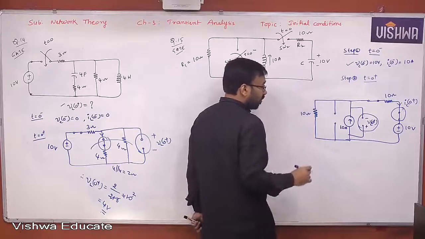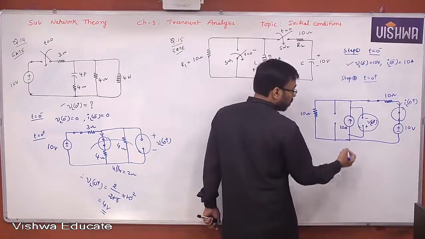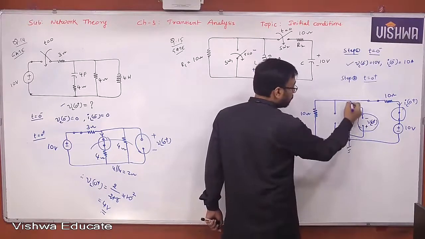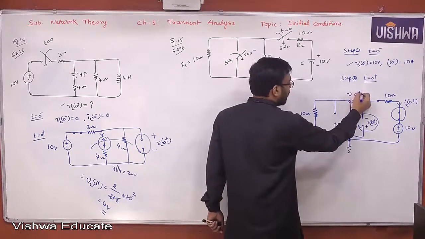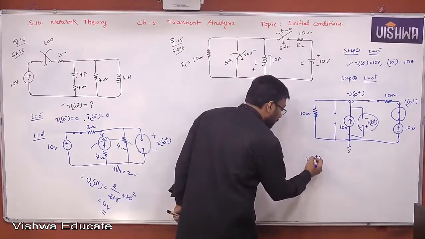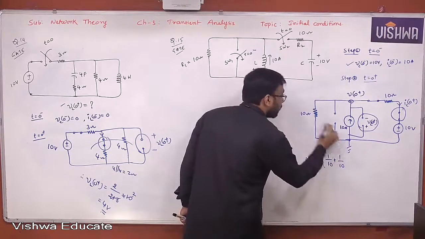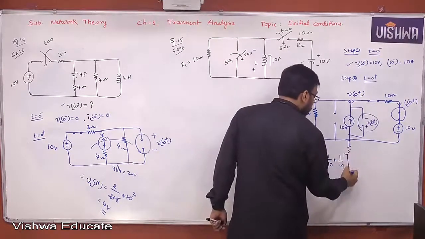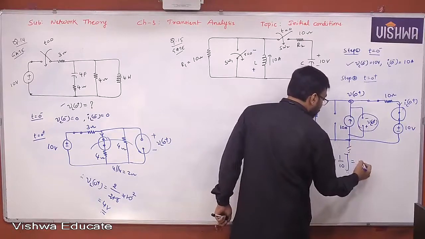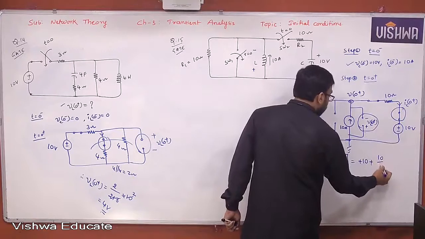Now, you would like to find these values. How do you find? Just simply solving the network. When you have multiple sources, obviously you can go with node analysis. V of 0 plus times (1 by 10 plus 1 by 10) is equal to 10 by 10 plus 10 by 10.